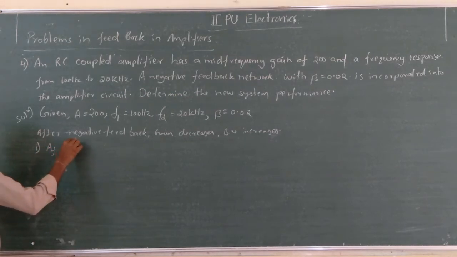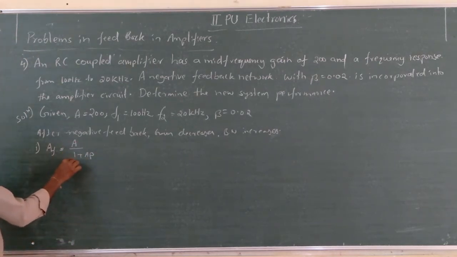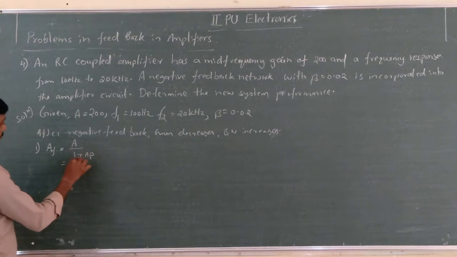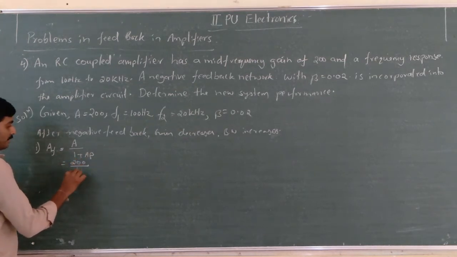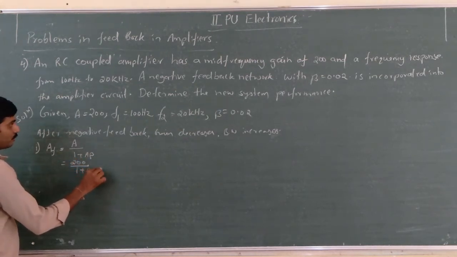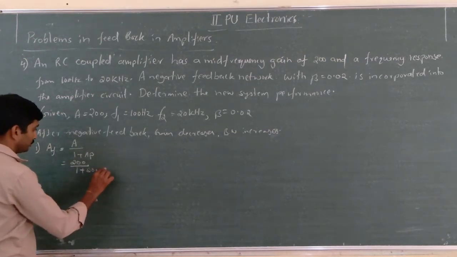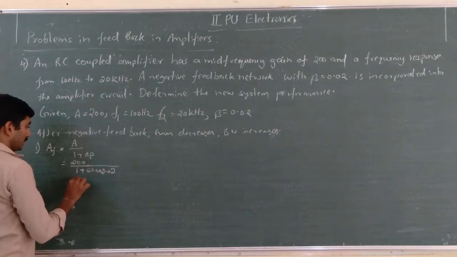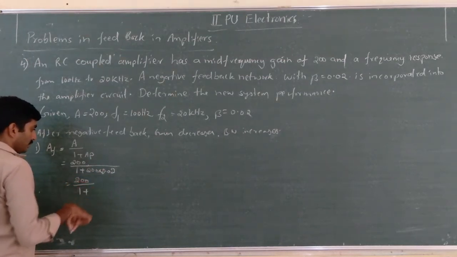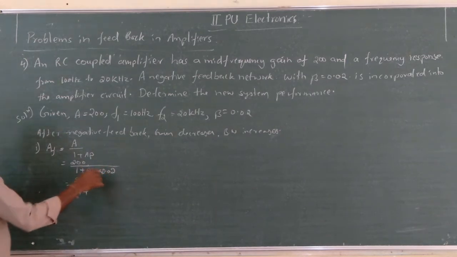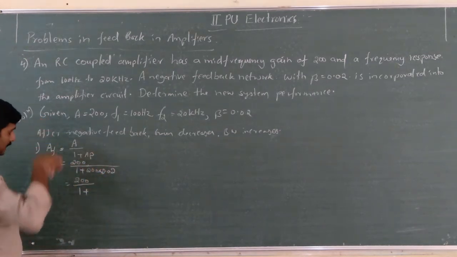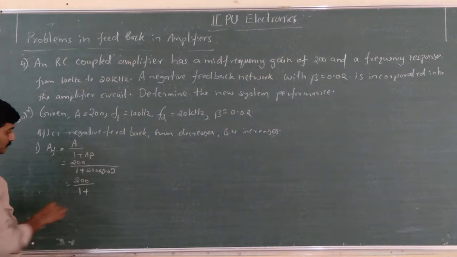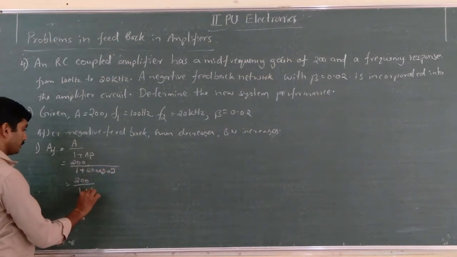Therefore, first one, Af is equal to A divided by 1 plus A beta, gain decreases. So, A is here 200 divided by 1 plus A beta, 200 into 0.02, and this is equal to 200 divided by 1 plus 4.